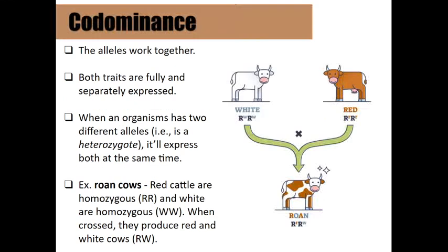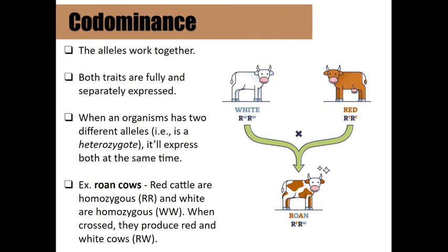Now let's talk about codominance. This is when the alleles work together. So both traits are going to be fully and separately expressed. So when an organism has two different alleles, for example, if it is heterozygote for something, it'll express both at the same time.